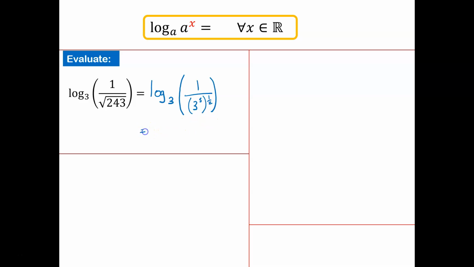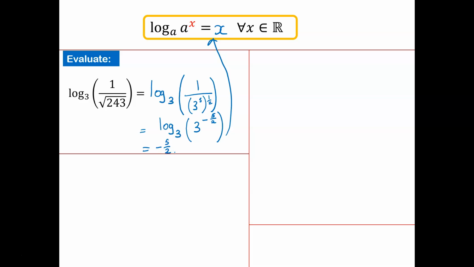Now we're almost there. We have log base 3. Now, we have 5 times a half. Well, that's 5 over 2. But it's down in the denominator. So that becomes 3 to the power of negative 5 over 2. And what's that equal to then? Well, it is equal to simply negative 5 over 2.